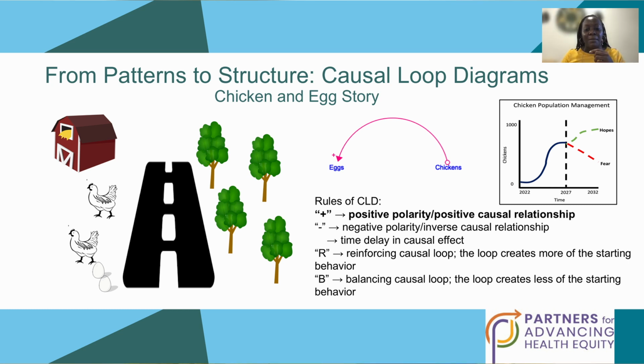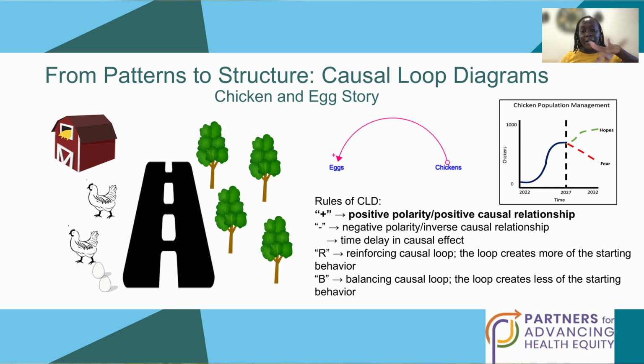Now, the third element that's important for drawing causal loop diagrams is that if you start with chickens and chickens create more eggs and they go in the same direction, basically the effect is in the same direction as the causal variable, then you have a positive polarity or a positive causal relationship. So that's the first thing of causal loop diagrams.